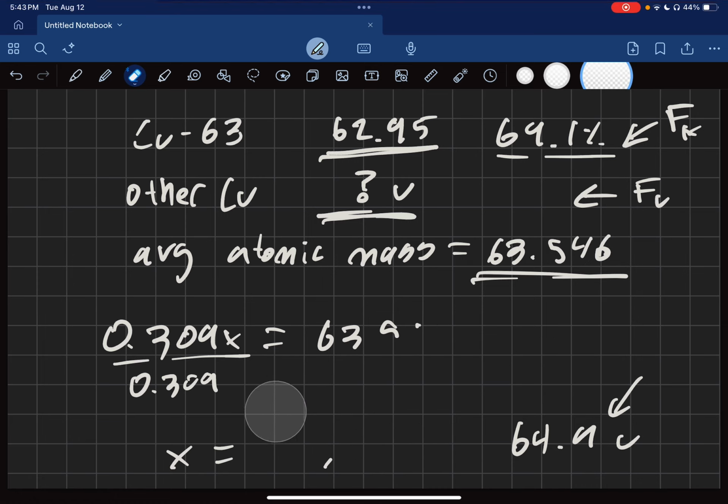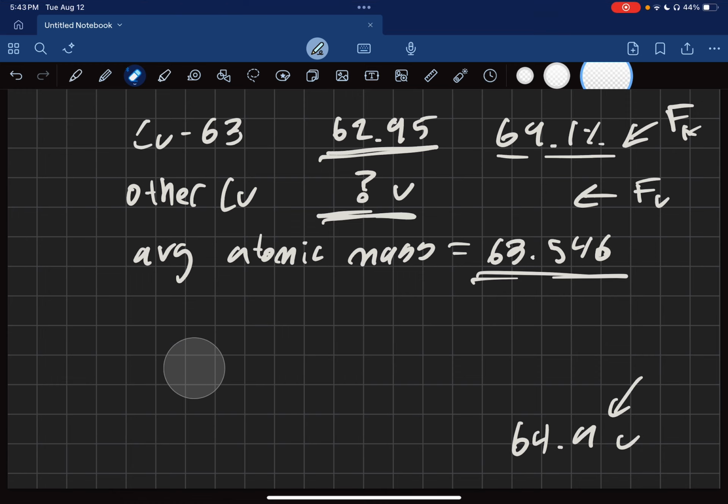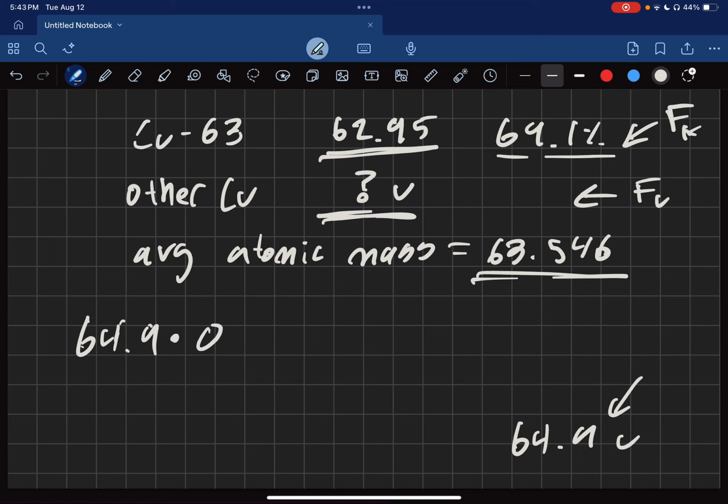And per usual, we can always just plug that in to see if it makes sense. Let's do 64.9 times 0.309 plus 62.95 times 0.691.